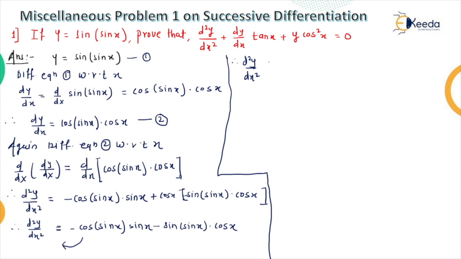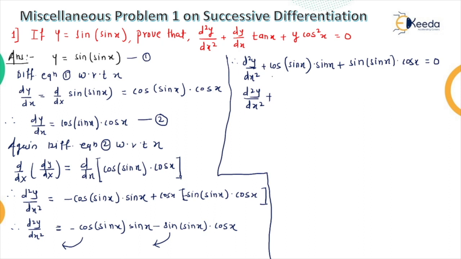So what we will get here: this minus takes a positive sign on the LHS, so plus cos of sin x into sin x. This other term is also shifted here, so it is also plus sin of sin x into cos x, and the remaining RHS is 0. So clearly d²y divided by dx² plus cos of sin x into sin x.